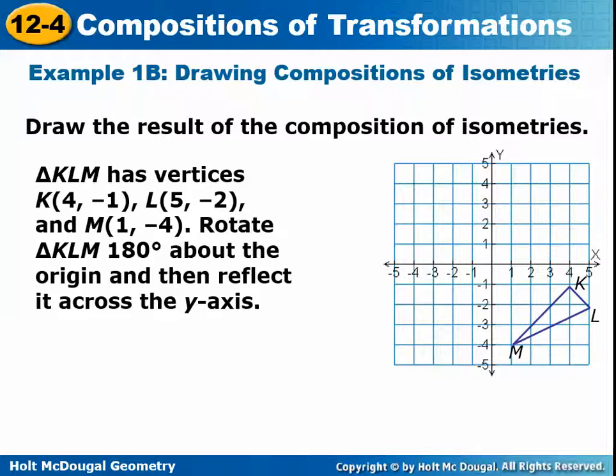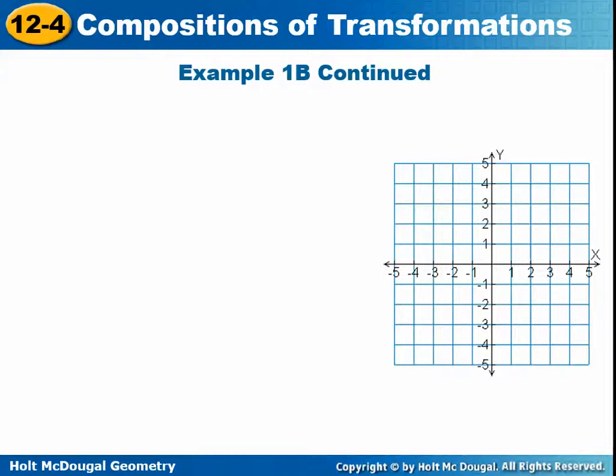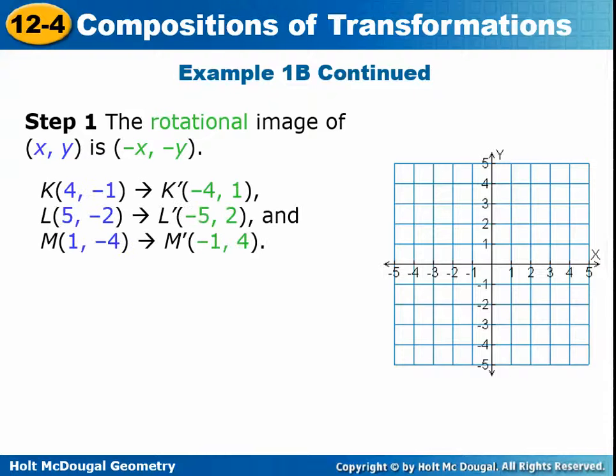Now, we learned in the last section, 12.3, what the rule is for rotating 180 degrees, and it was to take the opposite sign of both the x and the y coordinates. And then they want us to take that image and reflect it across the y-axis. So you'll have 2 transformations to complete. First, we will write the rules on how to rotate 180 degrees.